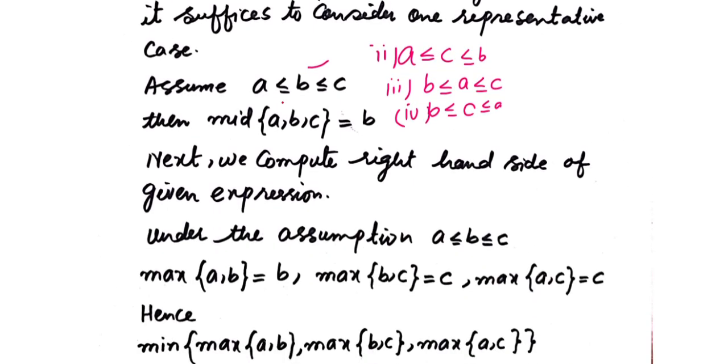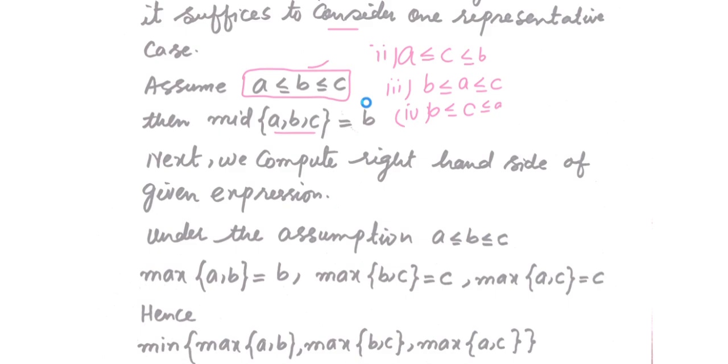But it is sufficient to consider only one case. So we are assuming A less than or equal to B, B less than or equal to C here. In this case, the middle number of these three numbers is simply equal to B.